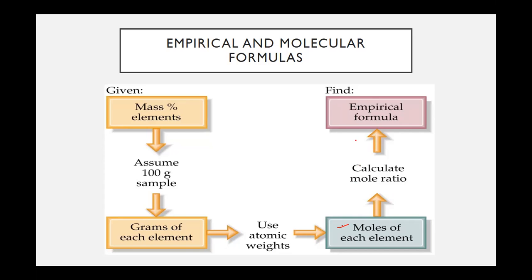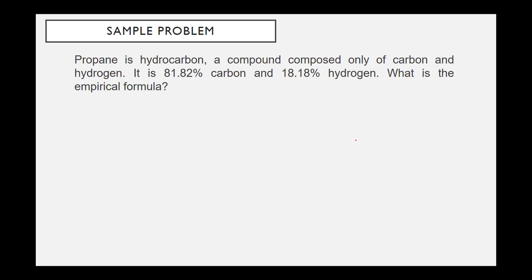So, let's try a problem. Propane is hydrocarbon, compound composed only of carbon and hydrogen. So it is 81.82% carbon and 18.18% hydrogen. What is the empirical formula?